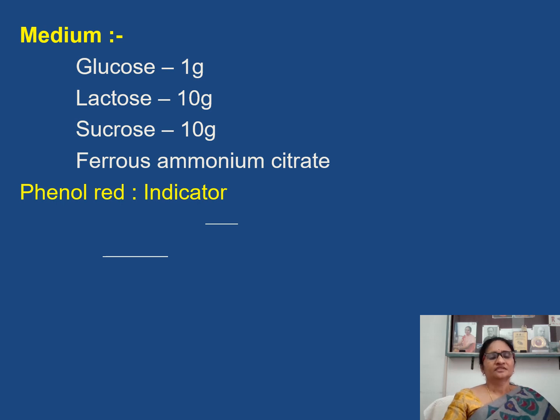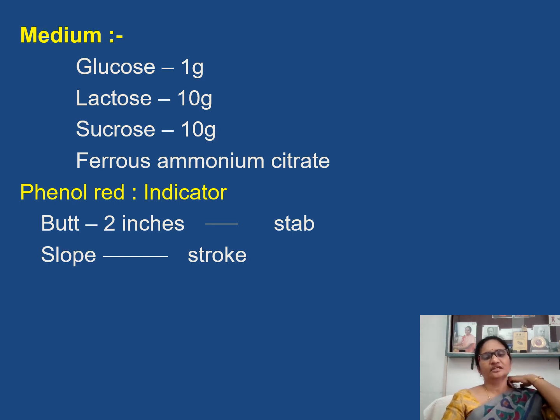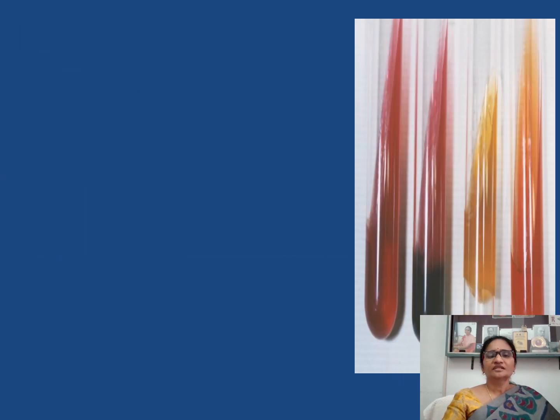See here, once you inoculate the media, sorry, you have to inoculate. See, this is the original medium. This portion is called the butt, and this portion is called the slope. We have to stab the butt with the help of a straight wire, and then you have to inoculate a streak culture on the slope.